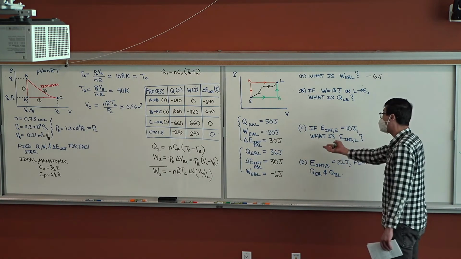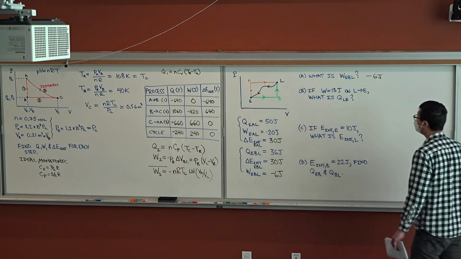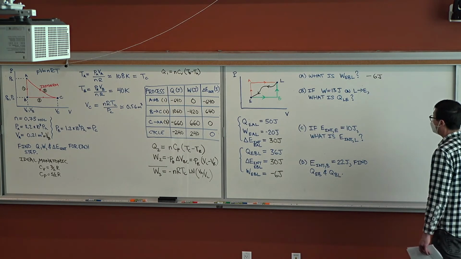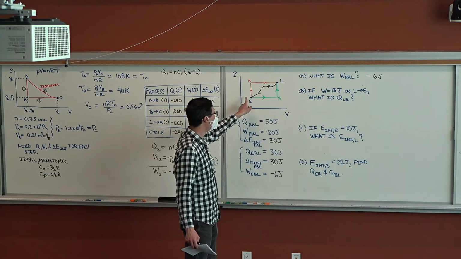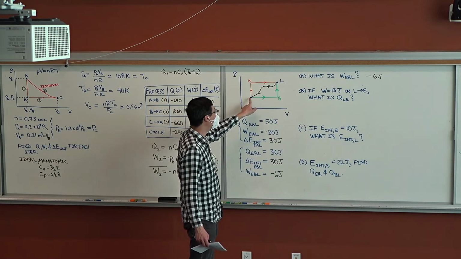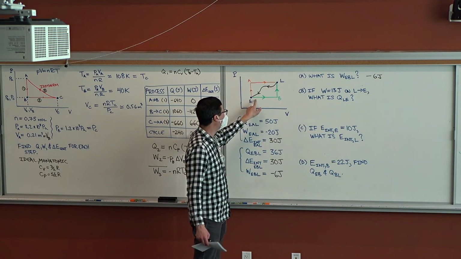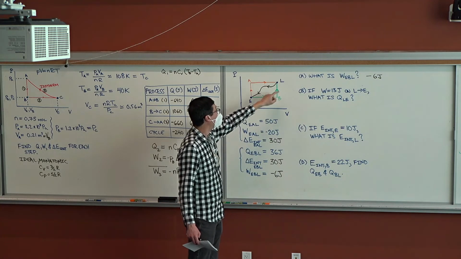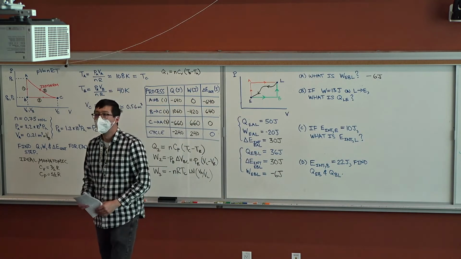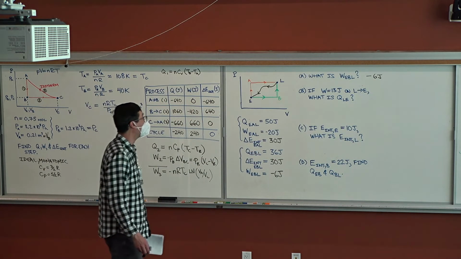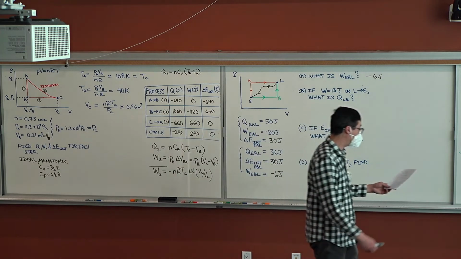And we can, right? We've got the same basic idea that if we had a change in internal energy of 30 joules going from E to B to L, then going from L back to E, we need to give up 30 joules of internal energy, right?